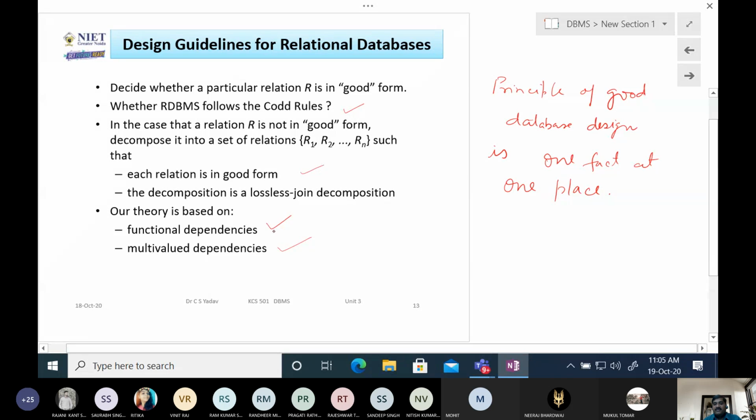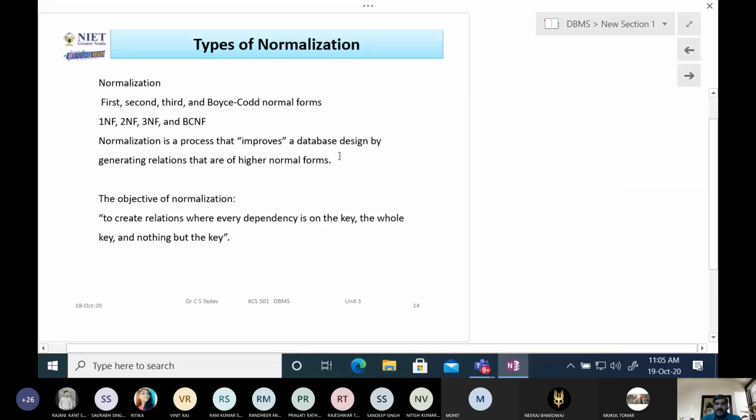And in first, second, third, BCNF, you will study functional dependencies. Okay. Now, types of normalization.